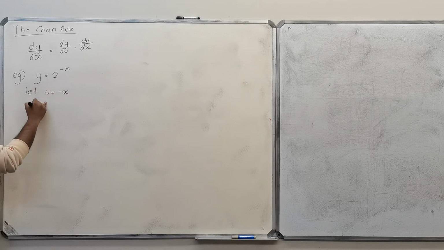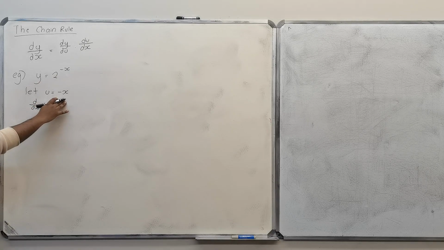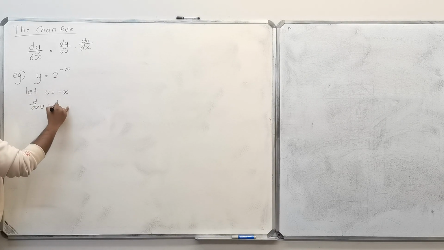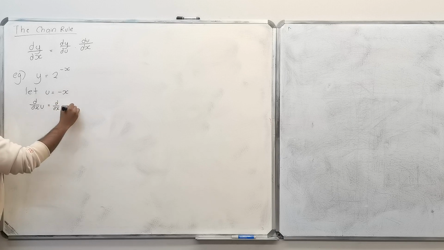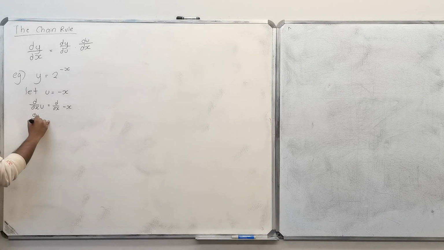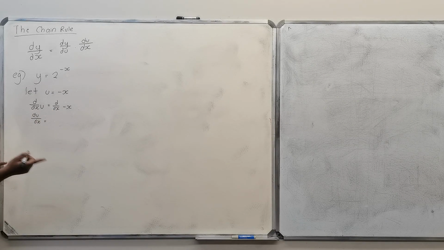Now we're deriving equation u with respect to x. So I introduce d over dx on this side, I have to introduce it on that side. So d over dx of minus x. So du over dx is equal to, remember that's a minus 1. It's a constant, so you take it out.